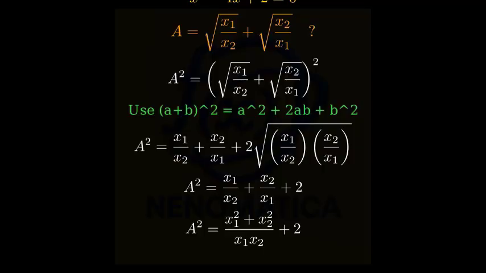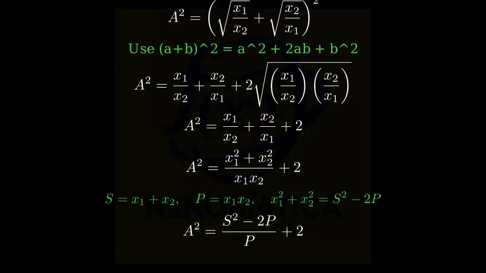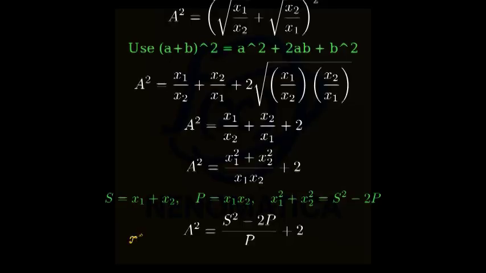That gives x sub 1 squared plus x sub 2 squared over the product, plus 2. Step 5. Introduce the symmetric sums s equals x sub 1 plus x sub 2, and p equals x sub 1 times x sub 2. We use the identity x sub 1 squared plus x sub 2 squared equals s squared minus 2p. Step 6.